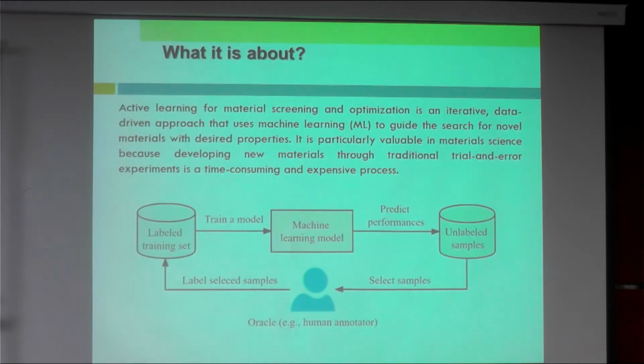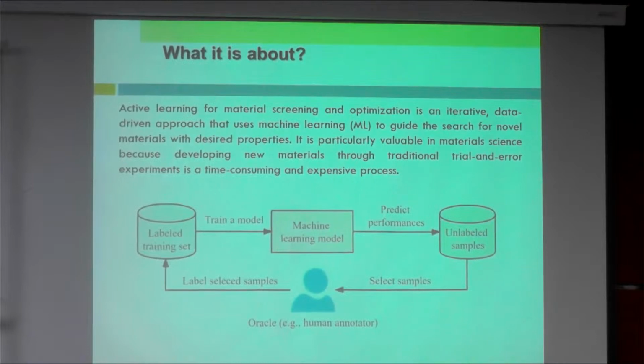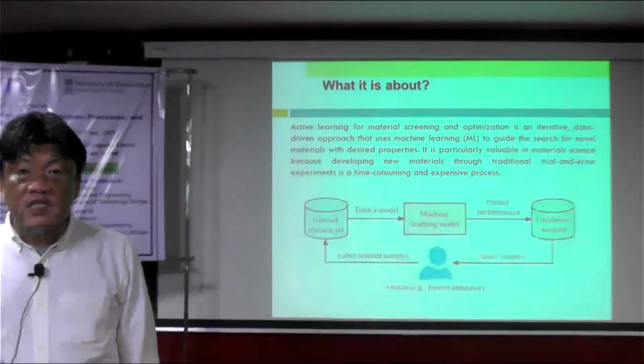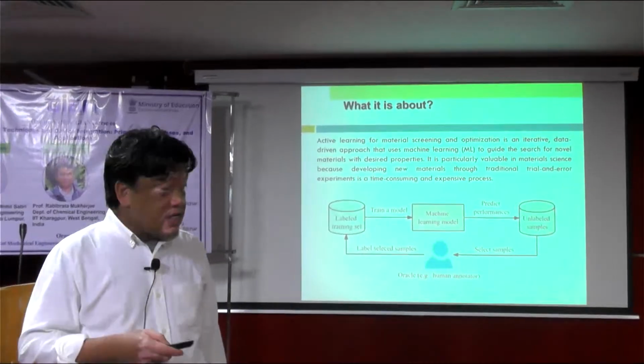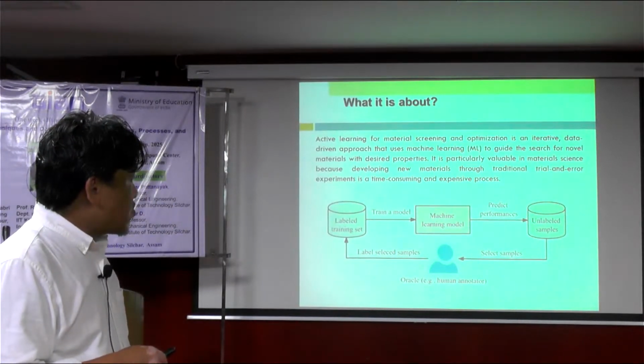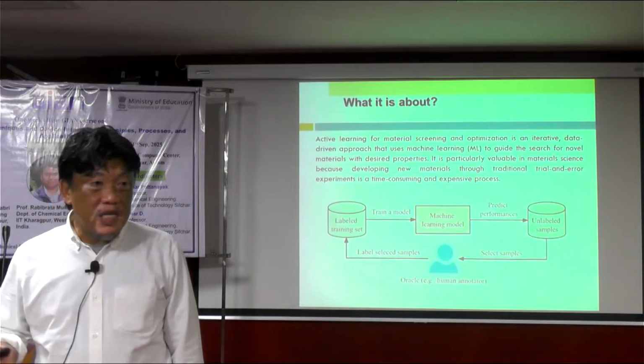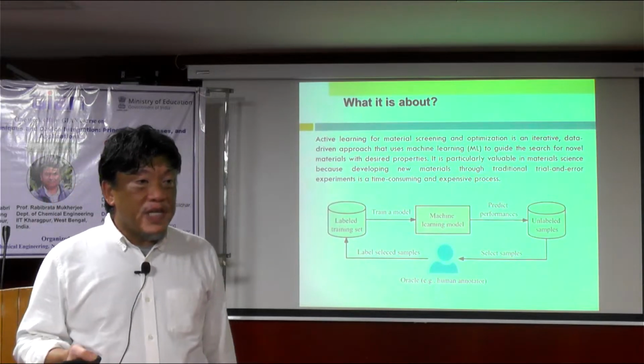If we want to develop materials, or find suitable new materials, we do simulation. Nowadays you have a lot of software for material simulation, molecular dynamics simulation, to predict the properties of a material. In active learning, we try to do the same when we design something and try to derive material properties.